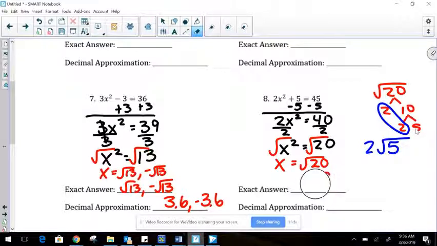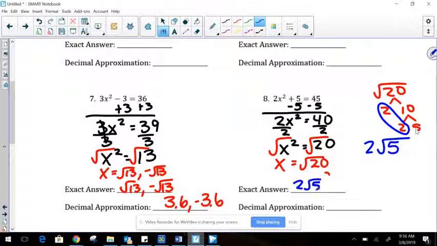So on my line here, I'm going to write 2 root 5 and negative 2 root 5. Then in your calculator, you'll type that in. So 2, and then second square root of 5, enter. So I should get 4.47 and negative 4.47.